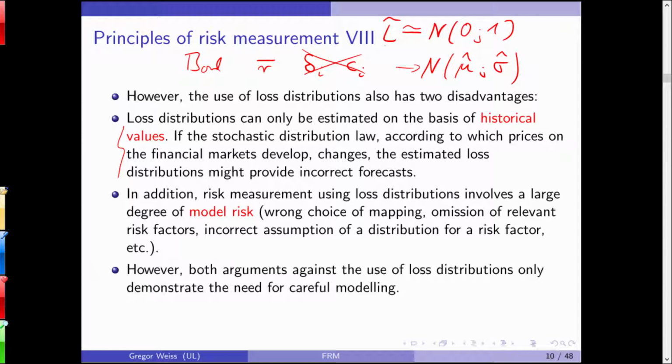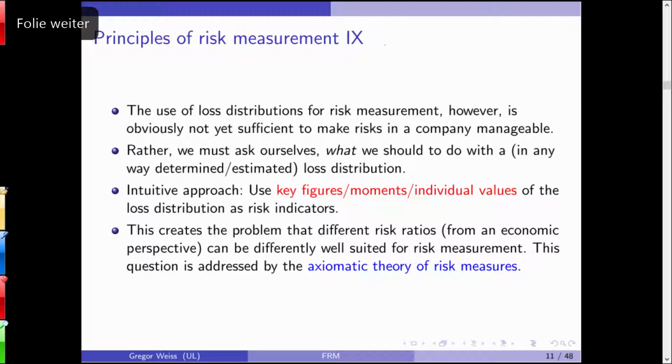All these are potential sources for errors in risk measurement, but these are just arguments for a prudent risk measurement and a prudent risk modeling, and not arguments against using loss distributions as a whole. So yes, loss distributions, but be careful. Okay.